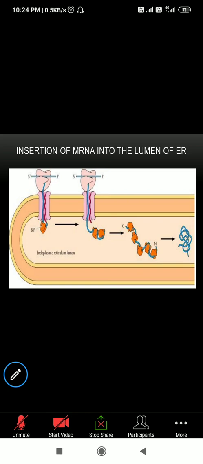Then the main function of the endoplasmic reticulum lumen is to catalyze the folding. Now what is happening when the proteins are in the lumen of the endoplasmic reticulum?